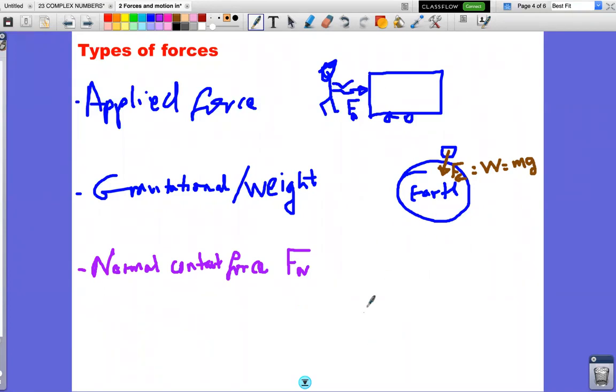This force is difficult to understand if we didn't study Newton's third law of motion, but I would just briefly state it here. Newton's third law of motion tells us that forces come in pairs.